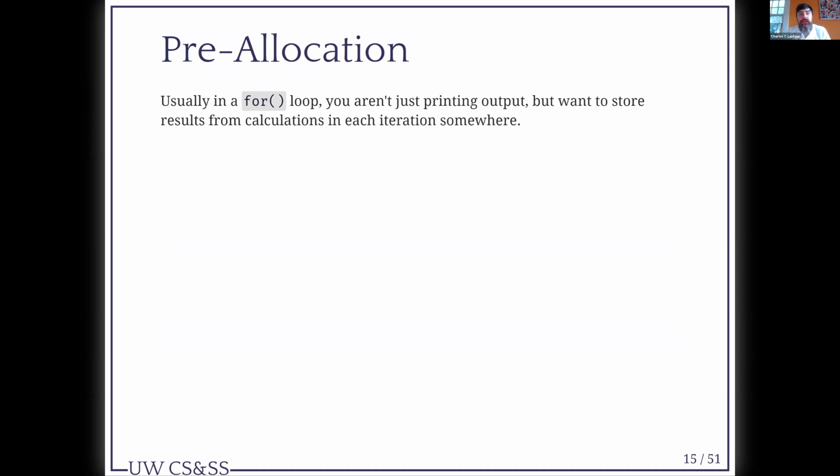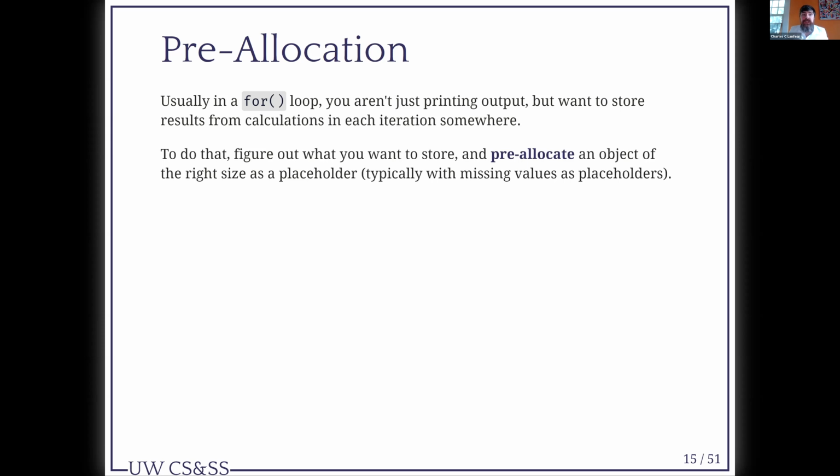Okay. So pre-allocation. Usually in a for loop, you're not just printing output like I've been showing before. It's like what I mentioned before: you might want to store results from calculations during each iteration somewhere. To do that, you need to figure out what you want to store and pre-allocate an object of the right size as a placeholder.